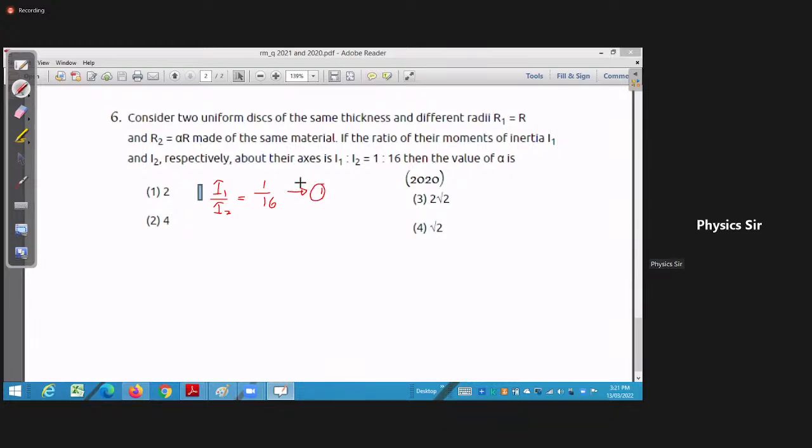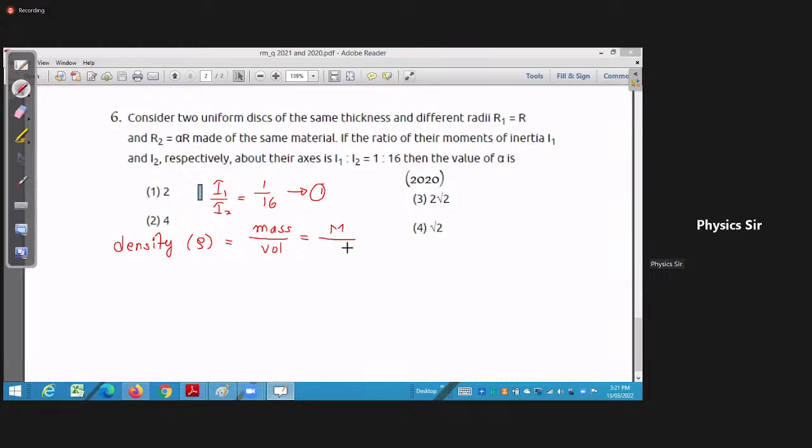ठीक है, अभी वो लोग बोला है ना कि दोनों का material same है. So I can write a density. Let us say the density is rho. What is the formula for the density? The density is nothing but mass upon volume. What is the mass? Mass, if I can take as m, what is the volume?